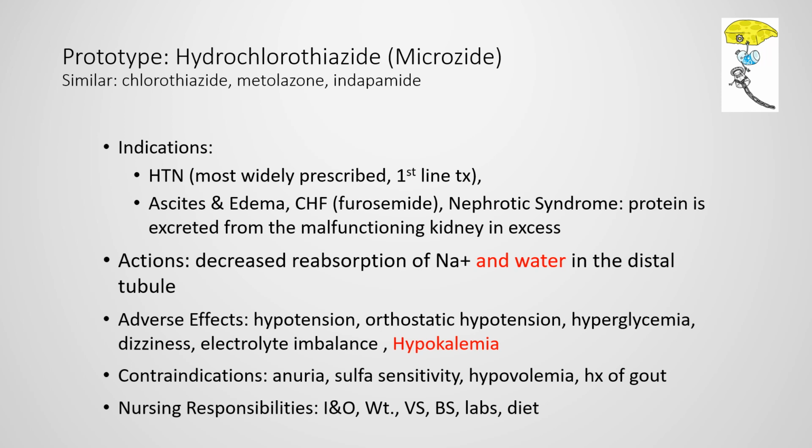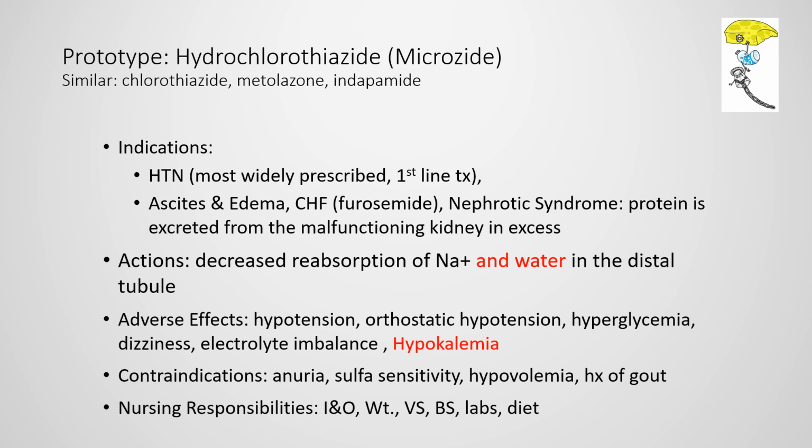Congestive heart failure is a condition where you have fluid excess. The heart is unable to pump the fluid that is coming to the left ventricle or the right ventricle, and you have fluid backup. So diuretics are often used in congestive heart failure. Furosemide much more than hydrochlorothiazide, since it has more power.